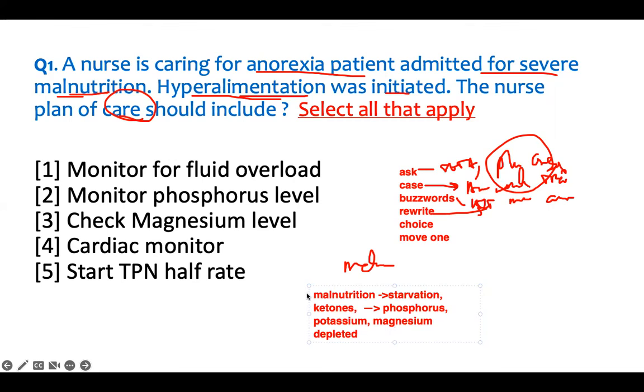They are very low, to the point that your body is in need of them. The phosphorus controls your respiration, potassium controls your heart, cardiac, and magnesium controls the rest of your muscular structures. And therefore, when they are very low, you can see respiratory failure, cardiac failure, and the whole body system shutting down.